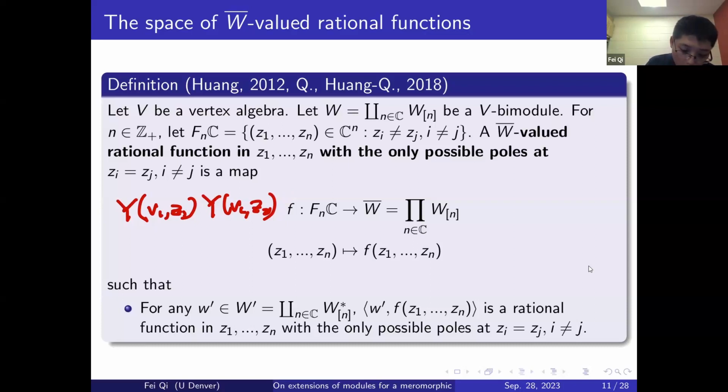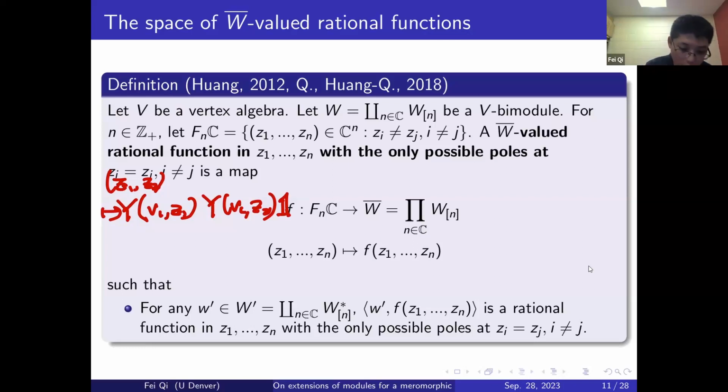However, if you require everything to act on the vacuum, then the map sending z1, z2 to such an element inside the algebraic completion will form a V-bar valued rational function with the only possible poles at z1 equals z2. So in particular, z1 equals 0 and z2 equals 0 are not supposed to be poles over here.